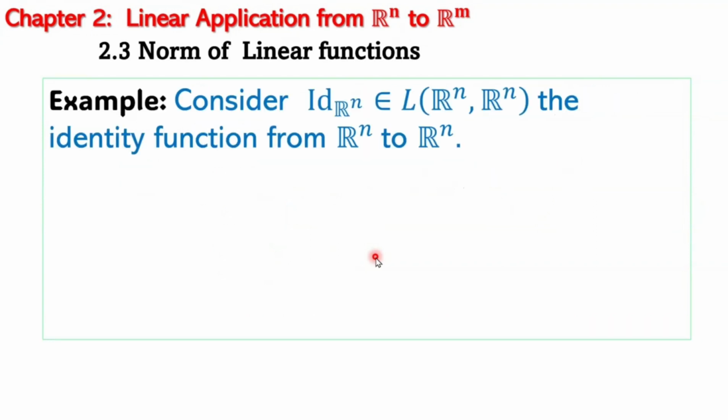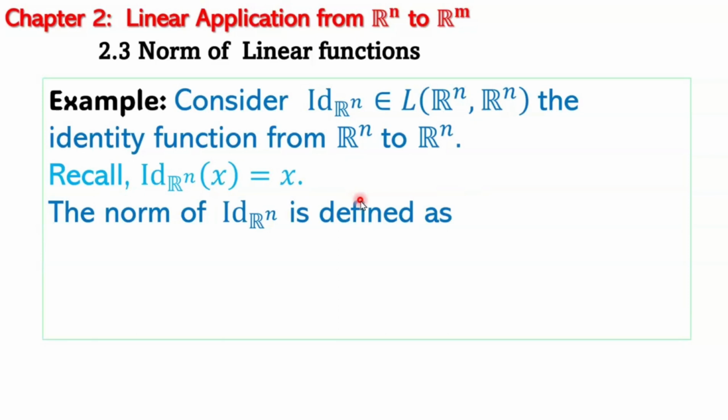To use this, we consider the first example, ID_Rn, which is the identity function from Rn to Rn, given by ID_Rn(x) = x.